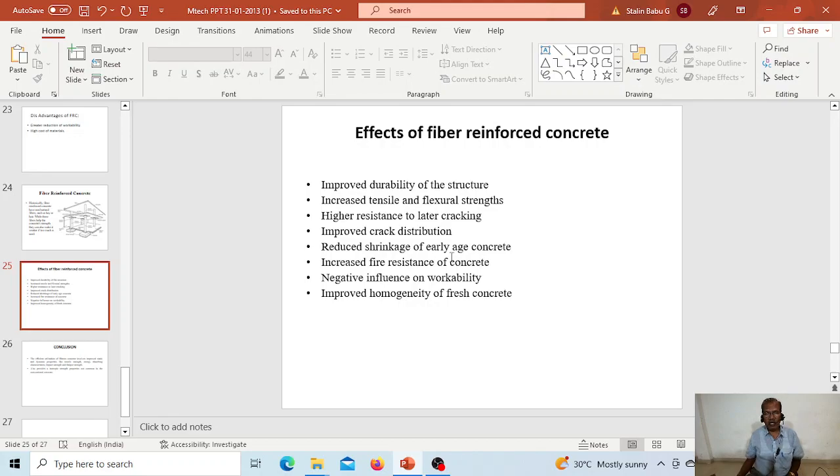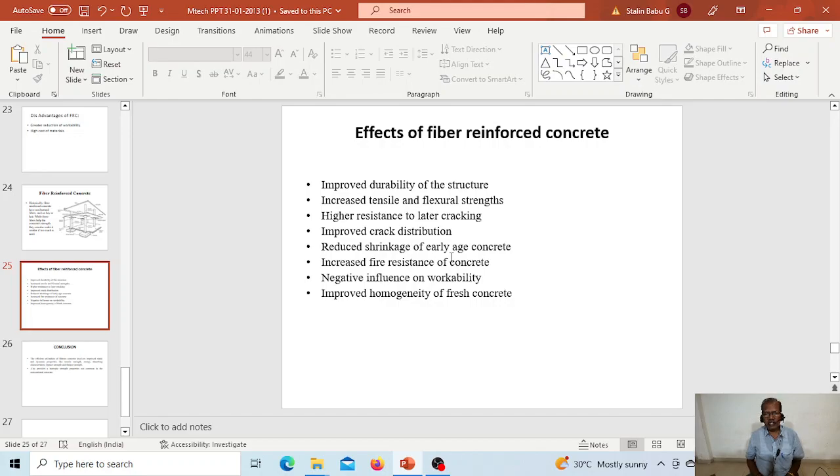Even if cracks are visible, there will be no leakage. The internal bonding is very strong in fiber reinforced concrete. That's why it has higher resistance. The fourth point is improved crack distribution. When we are having cracks in concrete, the fibers improve the distribution of cracks, because the fiber effect depends on the aspect ratio.